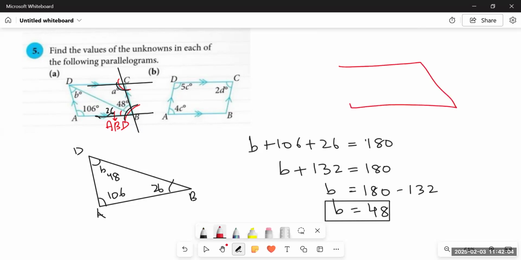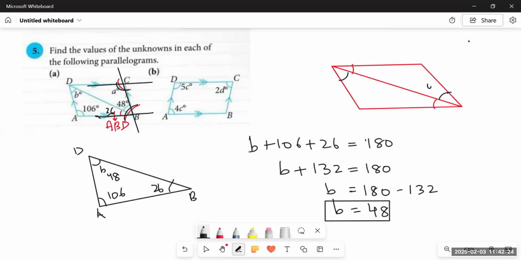Like if you have a parallelogram like this, and you draw a diagonal line like this, the two angles that are alternate to each other, one on the right hand side, one on the left hand side, would be equal to each other. Similarly, these two angles would be equal to each other. So if this is 48, this would be 48 as well, as we have proved, right?